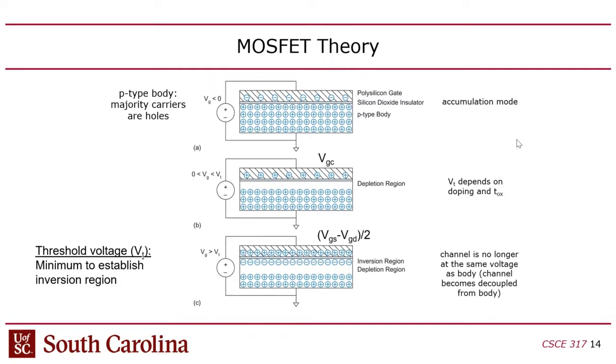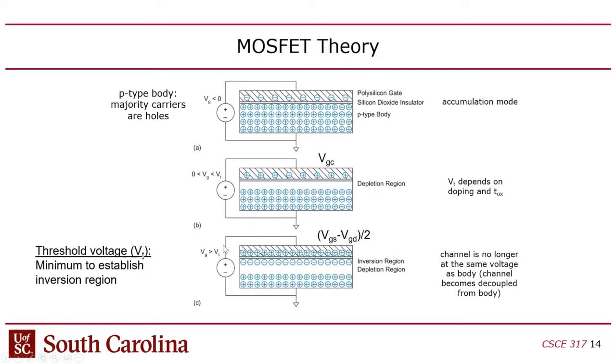So anything that is less than 0.7 will put you either in accumulation mode or depletion mode, but it won't turn the transistor on at all. You'll still basically have zero conduction or very little between the source and drain. I mean, it's not zero, but it's like 10 mega ohms or something like that. Not very much current will flow at all through the channel.